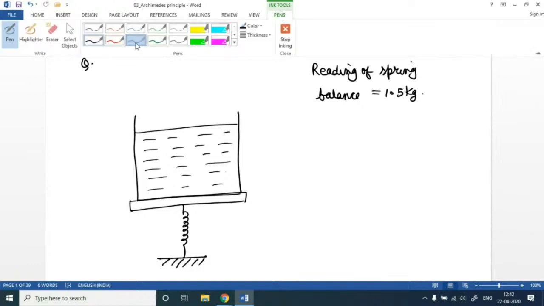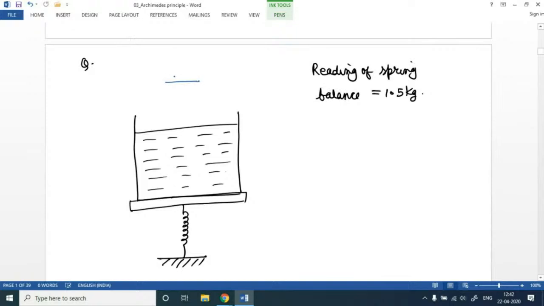Now later on, what we did, we submerged some solid body suspended by a spring balance, or simply suspended by a spring.